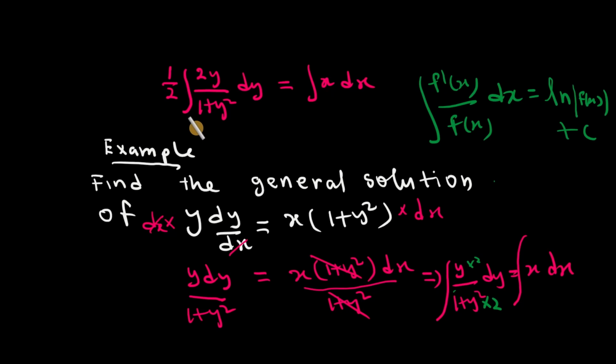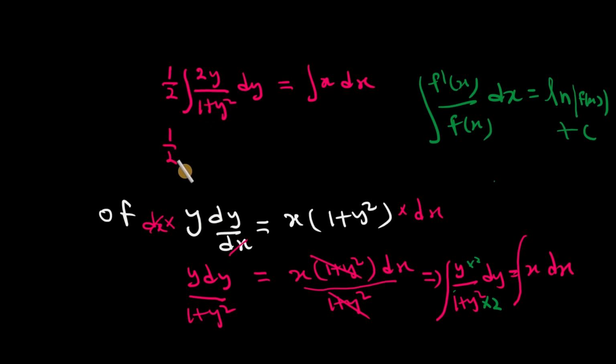And you see that when I differentiate the denominator, I'll have 2y. So it means the numerator here is the derivative of the function at the denominator. So it means the integration of this function will be half ln(1 + y squared).